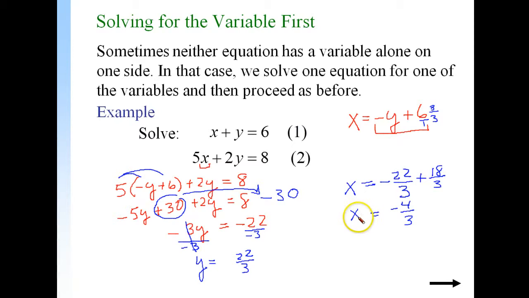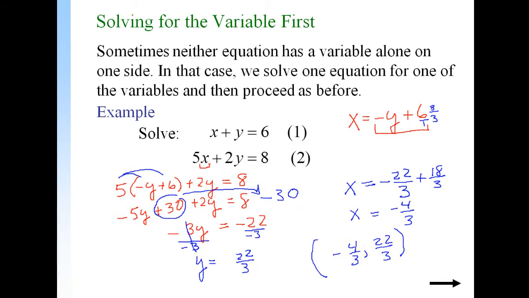So my ordered pair then is a negative 4/3 and a positive 22/3. So here's a case where they wouldn't be on the grid line, and it would probably be very difficult to pick out those fractions from graphing.